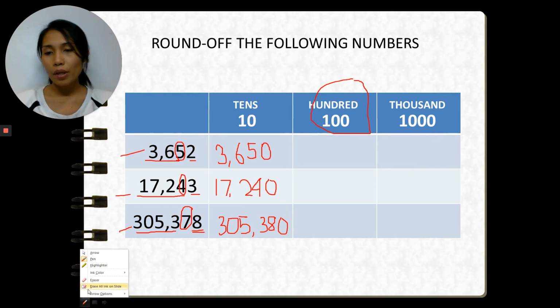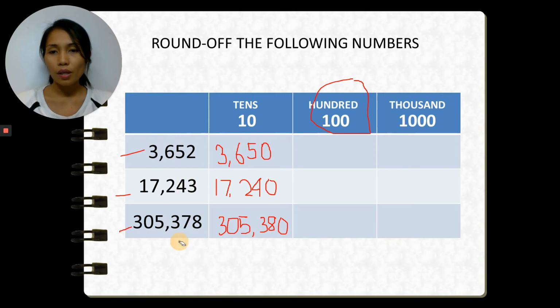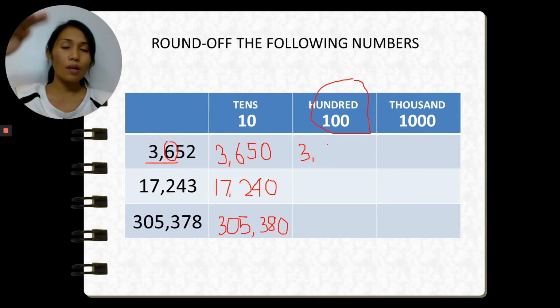All right. Now let's proceed to the 100. Oh, let me erase these markings over here. Okay. Hundreds place. First here, hundreds is 6, right? So we will copy 3 and 6. 3. Okay, before we write down the 6, you decide, are we going to round it up or down?